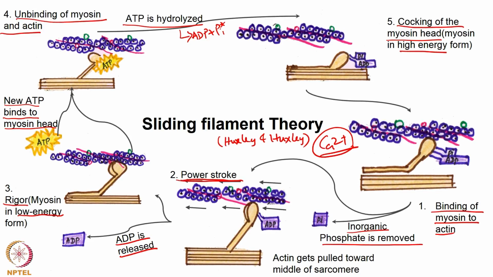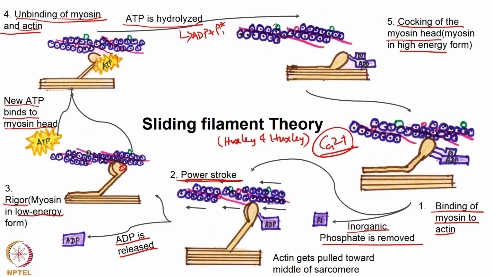Now, when ATP attaches to myosin, myosin unbinds or disconnects itself from actin, and then ATP is hydrolyzed into ADP and phosphate, and then it cocks the head and goes to a high energy form, and then the cycle repeats.